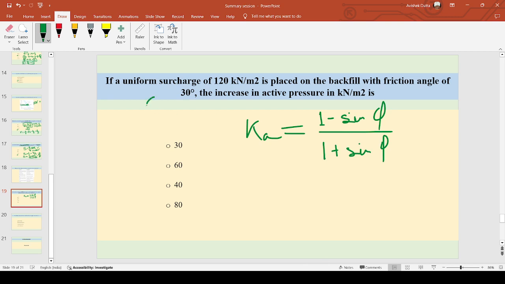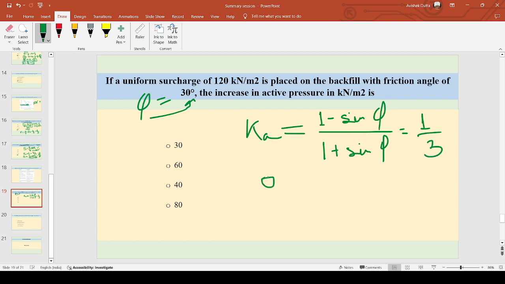Phi equals 30 degree. So 1 minus sin 30 by 1 plus sin 30. Sin 30 is half. So 1 by 2 divided by 3 by 2 is 1 by 3.